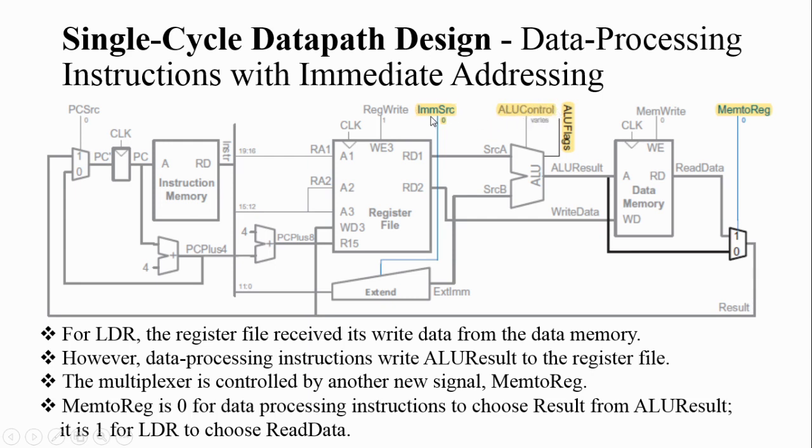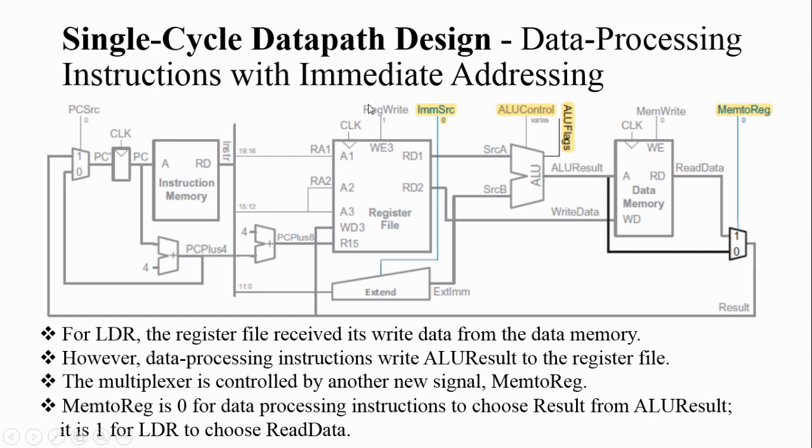Then IM source should be 0 in order to perform 8-bit sign extension. Previously in the LDR operation, IM source was 1, so that it would perform 12-bit sign extension. Here IM source should be 0 in order to perform 8-bit sign extension.